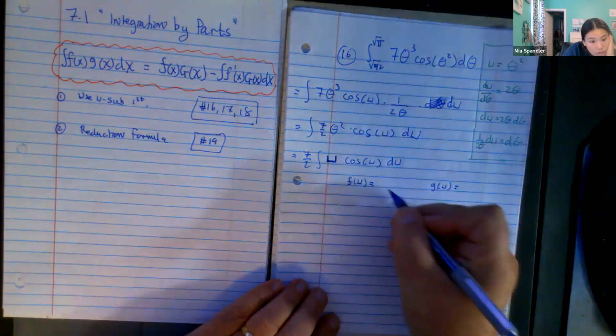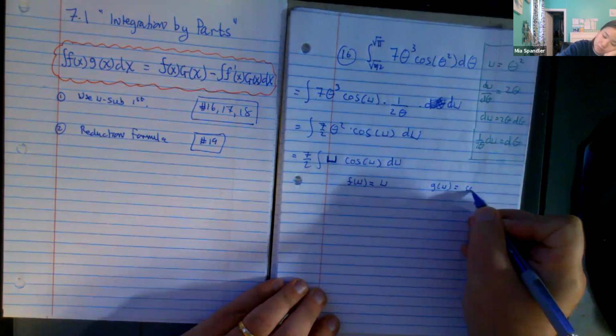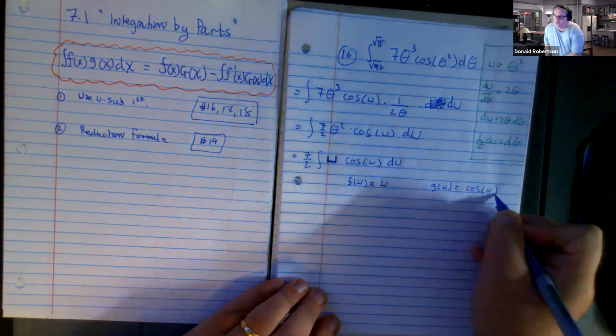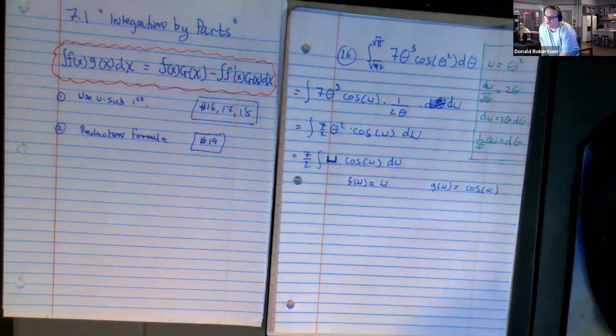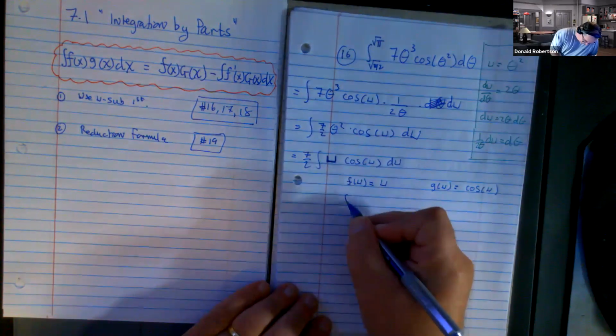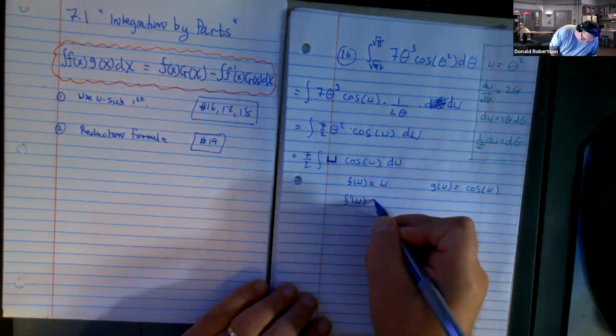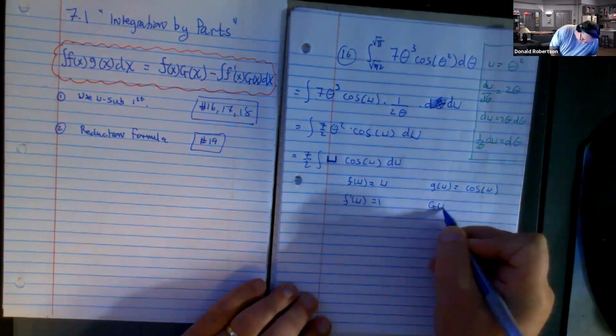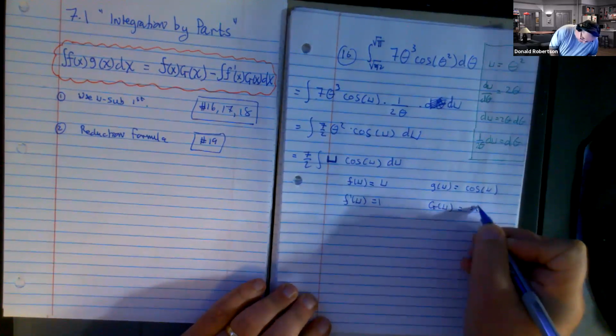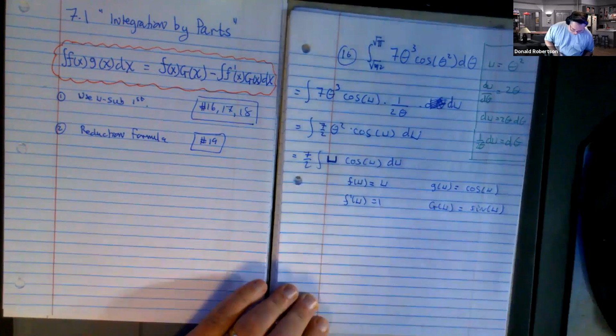Agreed. I think I called that situation 1. If it's a polynomial, u is a polynomial. It's a very simple one, but it's still in the polynomial family. So its derivative is 1, and the integral of the other is sine u. Everybody's happy with that.